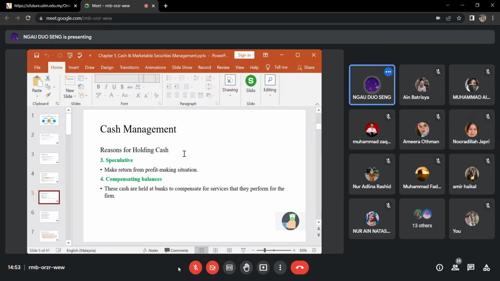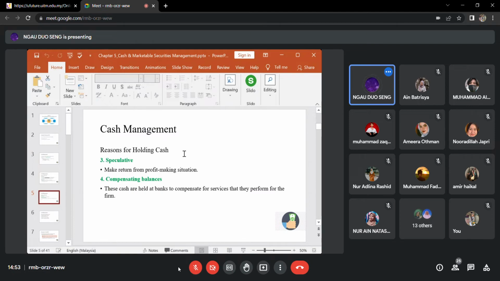And then compensating balances. The cash are hold at bank to compensate for service that they have performed for the firm. Right, this one is for big company. They need to maintain certain amount of money dalam bank account dia, which is the company cannot use.